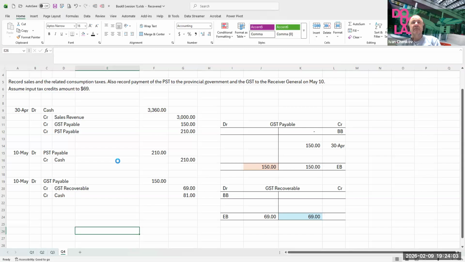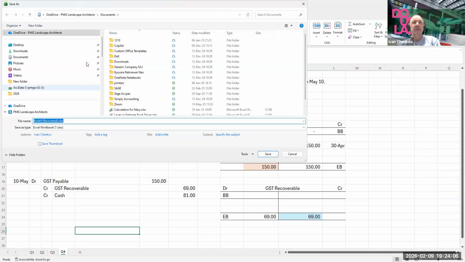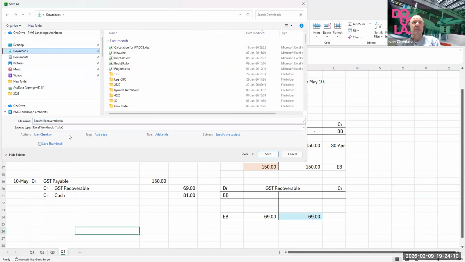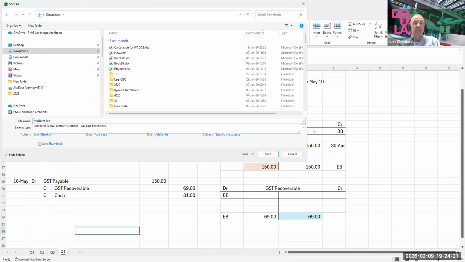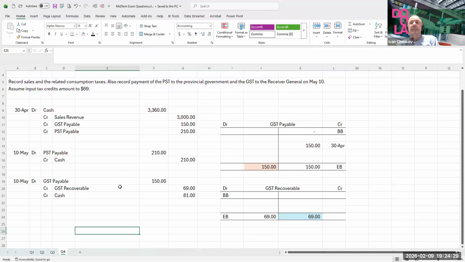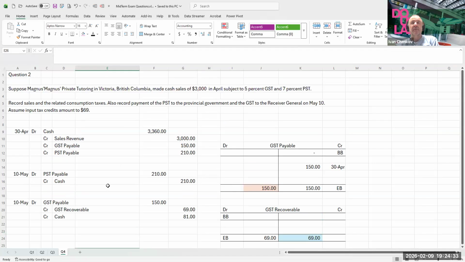Let me save this file somewhere, just in case, because I don't want to lose it. That will be midterm exam questions. Okay, now it's safe. If something goes wrong, we're still gonna have it.